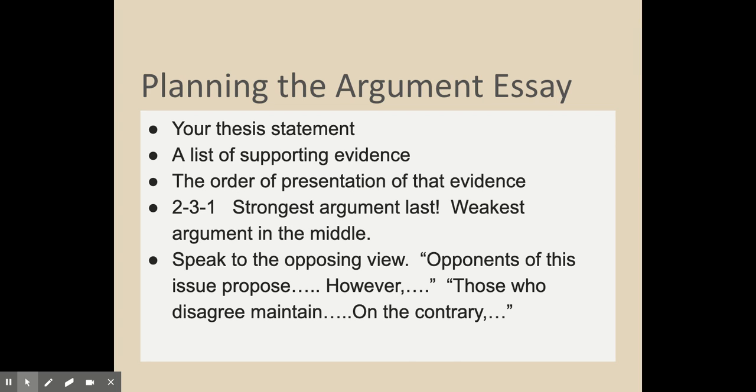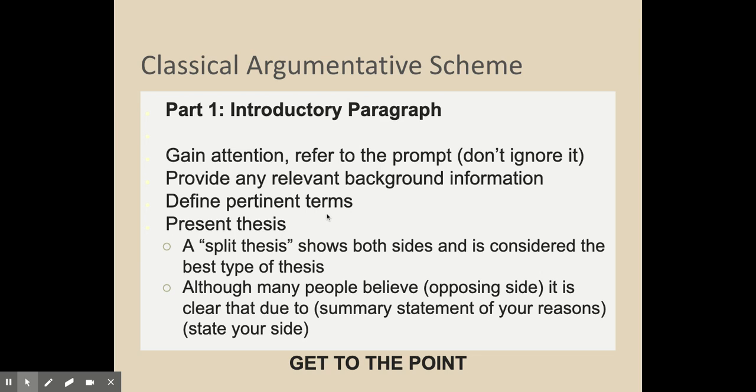The only situation where I say that won't work is if you're worried you're going to run out of time for the essay, in which case do 1, 3, 2. Strongest piece of evidence first, weakest in the center, second strongest at the end. Because if you run out of time and you don't have time to write about your strongest piece of evidence, that's kind of a shame.